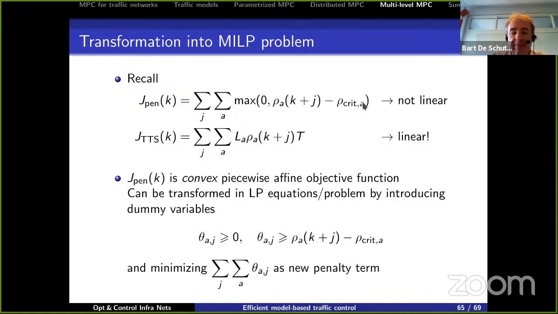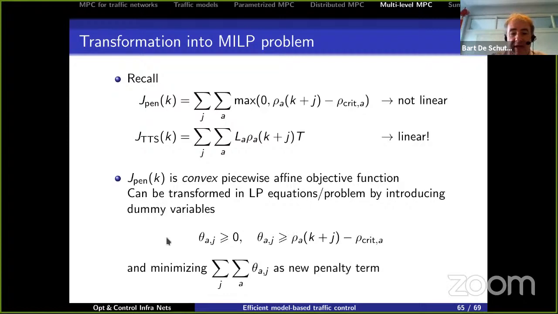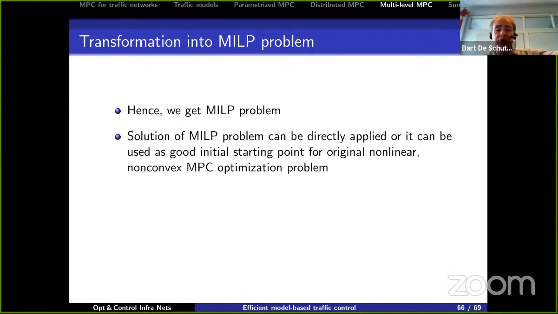And if we then minimize theta, then it can be shown that in the optimum, theta will be equal to the maximum. And if we then combine everything, we see that we have linear state equations, we have linear constraints, and in the end, our objective function is fully linear. And that means that we can solve the optimization problem using mixed integer linear programming.